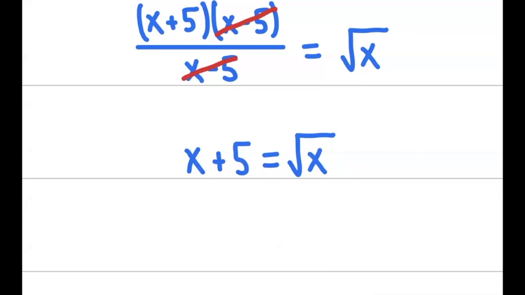So there's something interesting about this equation. This equation is saying that when you take the square root of a number, you're going to get that number back plus 5. The issue is that most of the time when you're taking the square root of a number, you output a much smaller number.